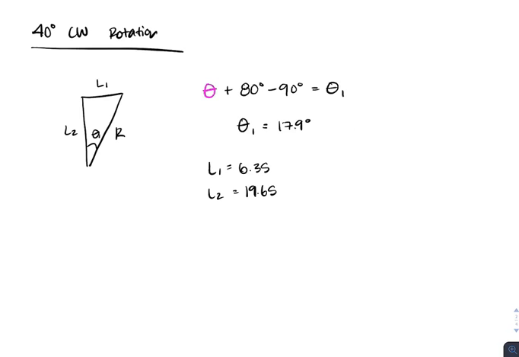And so from there, we can use this to find the coordinate points of our x prime and our z prime, and then use those to plot our stress block for that 40-degree rotation. So our coordinate for x prime is just going to be equal to the center plus L1.